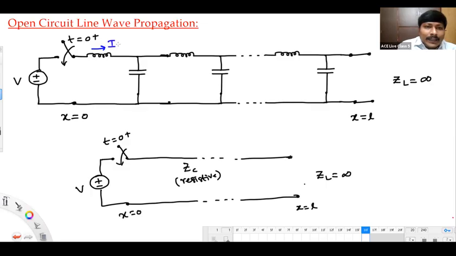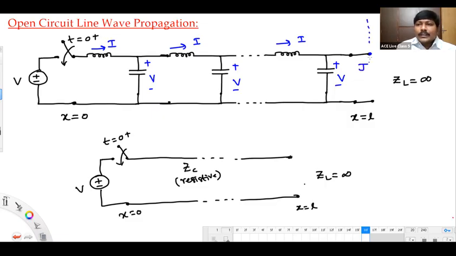I'll say a current I starts flowing with a voltage V. This is a junction J, for which we have an incident V comma I. How much time has it taken to reach this point? Capital T, which is nothing but length divided by the velocity of wave propagation. Next thing.